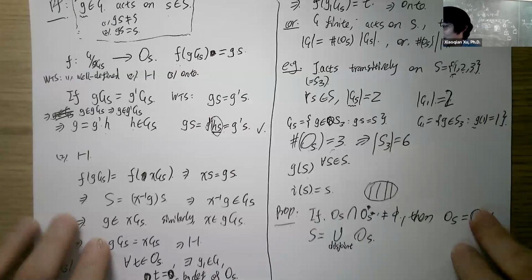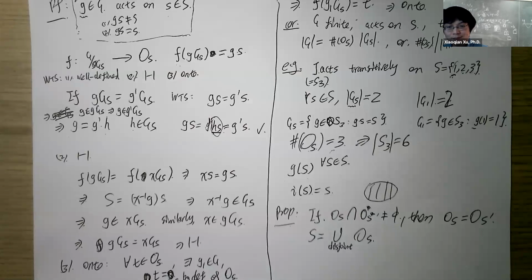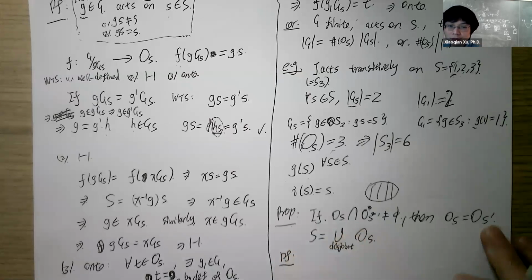Okay, which also means two elements in the same orbit define an equivalence relation between the elements of S. This is actually the proof.